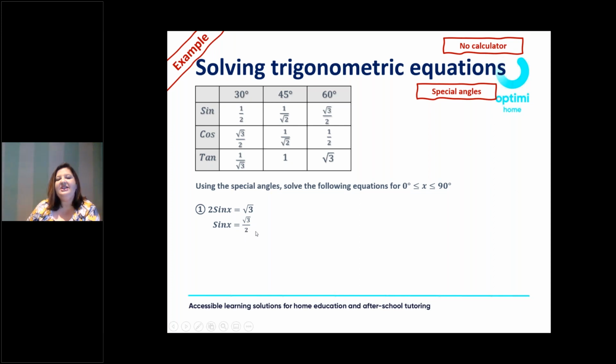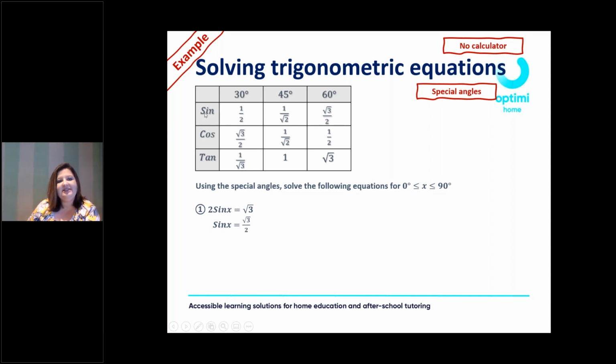Now, this should already give you an indication that it's a special angle. You will see values like 1, 2, square root 3. You will see square root 2's. So any combination of that should actually give you an indication that you are working with special angles. So how are you going to do that? You are working with sin.